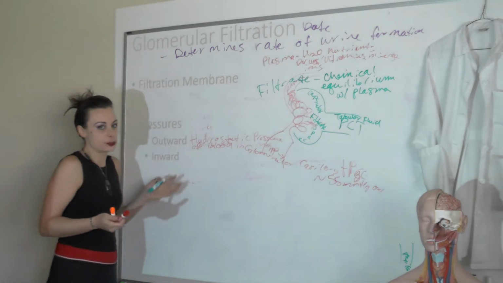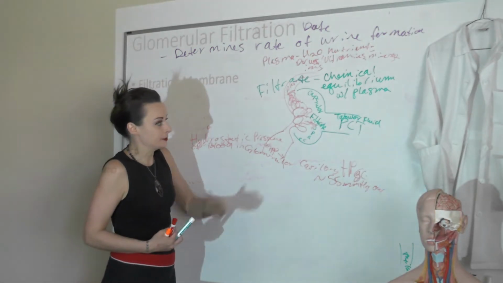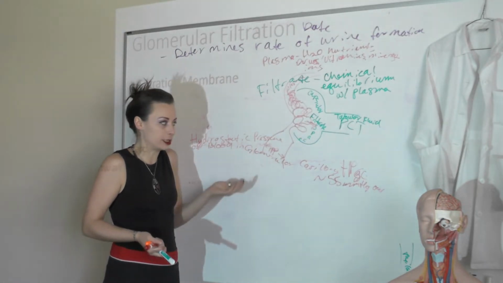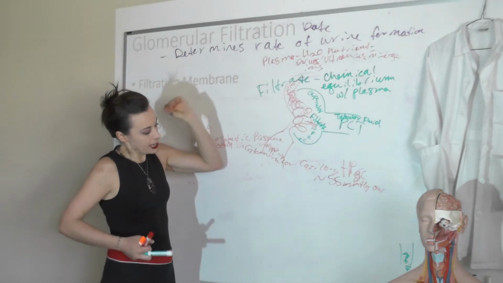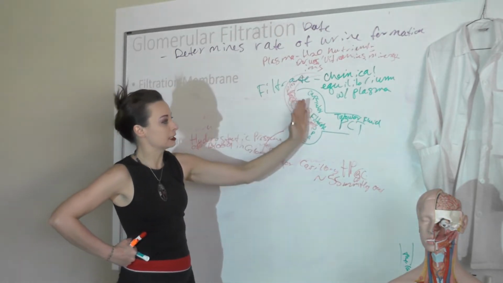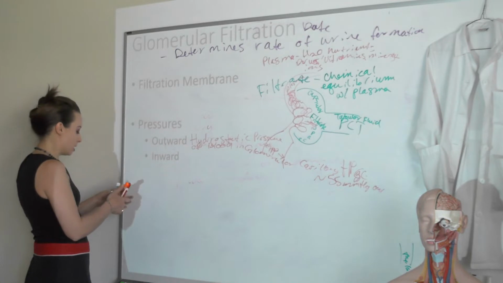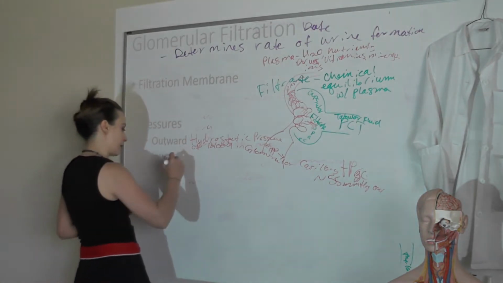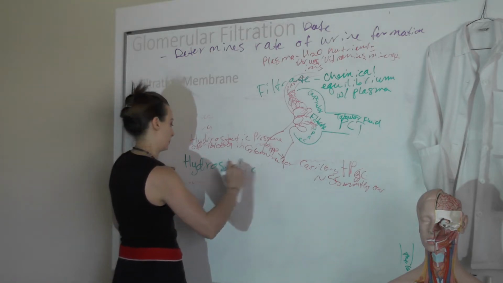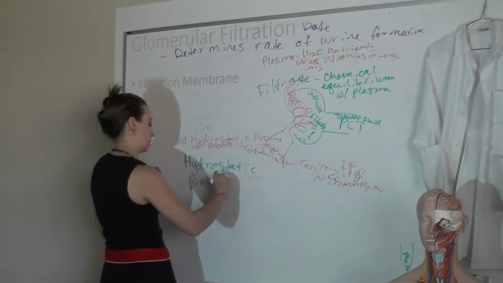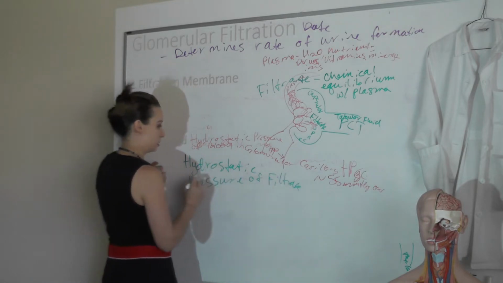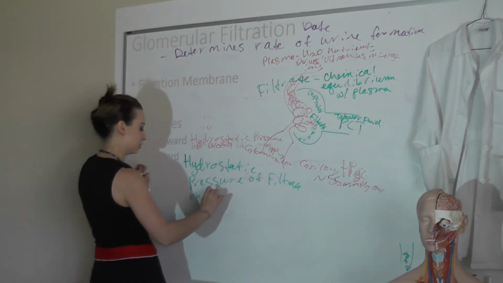Okay, hydrostatic pressure is just the pressure of a fluid on a membrane. Filtrate is a fluid, and it's going to push back onto that glomerular capillary. But this is the hydrostatic pressure now in this capsular space. So that's going to be a little bit of an inward pressure. So we've got an inward pressure that's also a hydrostatic pressure, but this is the hydrostatic pressure of the filtrate on the glomerulus.